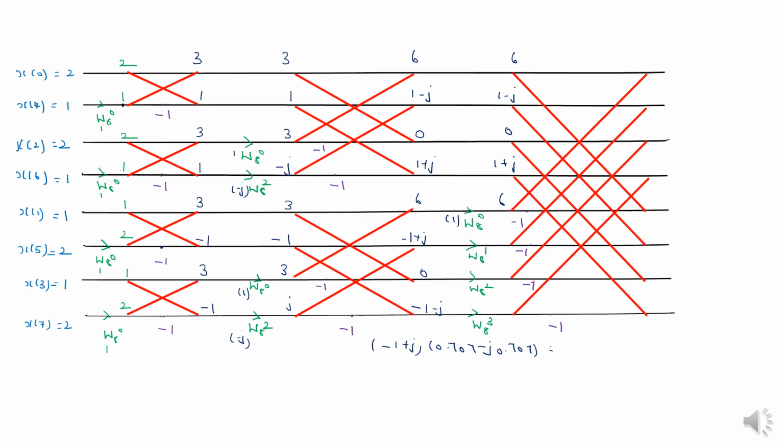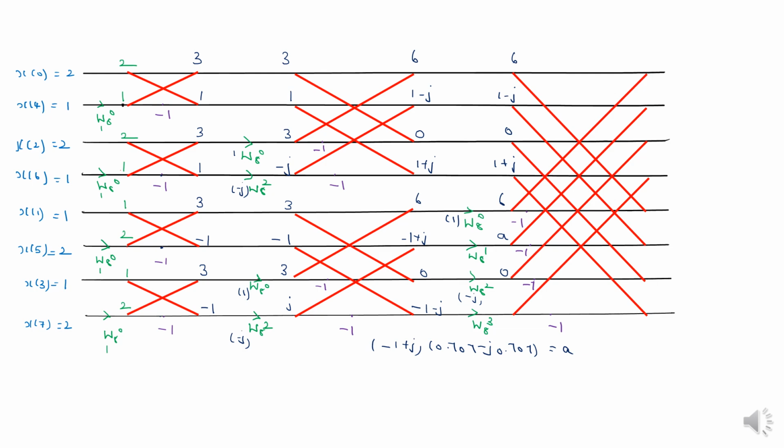I'm representing this as A because we don't have sufficient space to write it over there. Similarly, for w suffix 8 power 0, the value is minus j. So 0 into anything is going to be 0. So the input value at this particular point is 0.